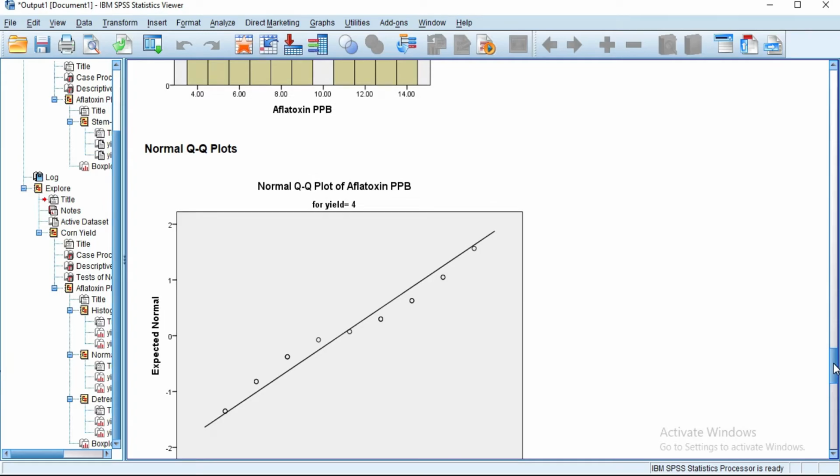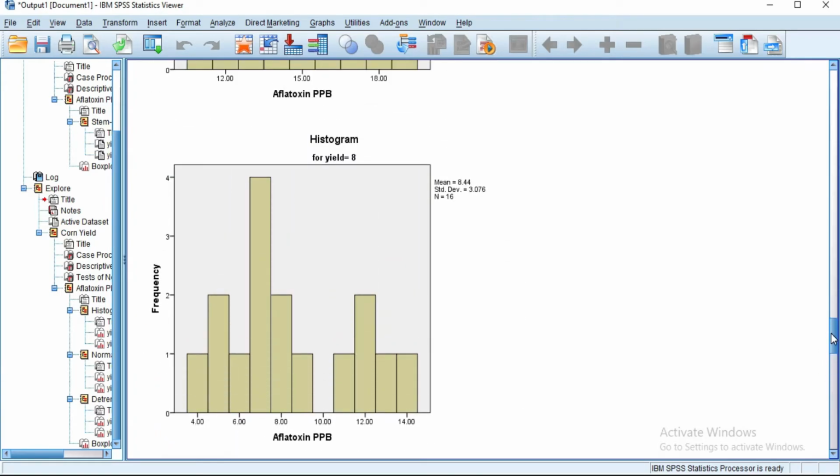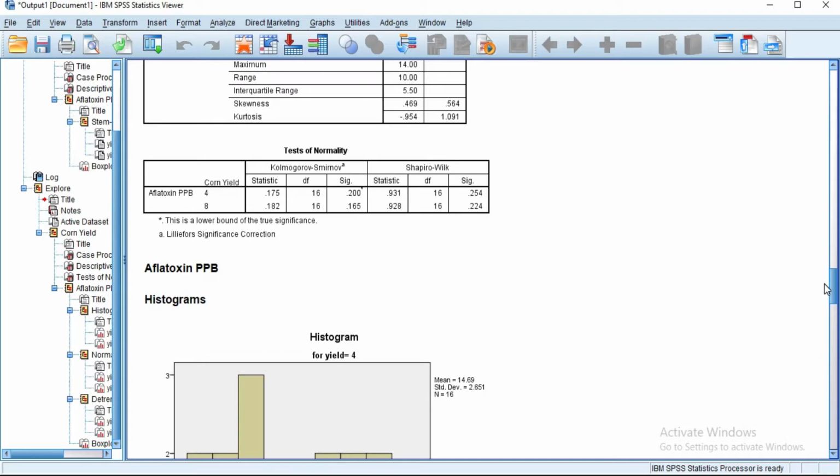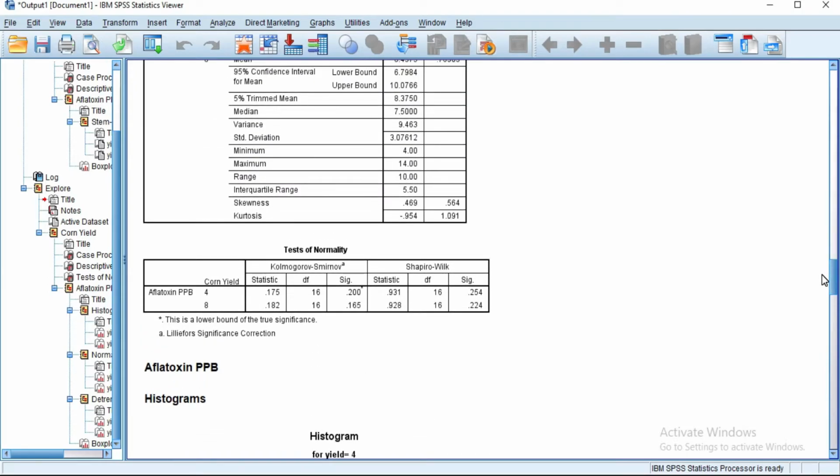And now in the last, we have an objective approach through which we can determine whether your data follow normal distribution or not. And that is the normality test. Here we have an output indicating the normality test. Usually the most preferred test is the Kolmogorov-Smirnov test, and the second is the Shapiro-Wilk test.